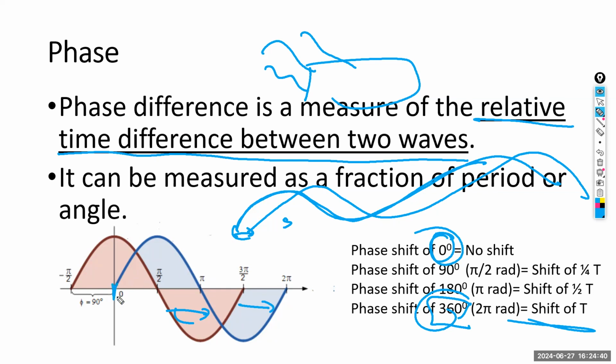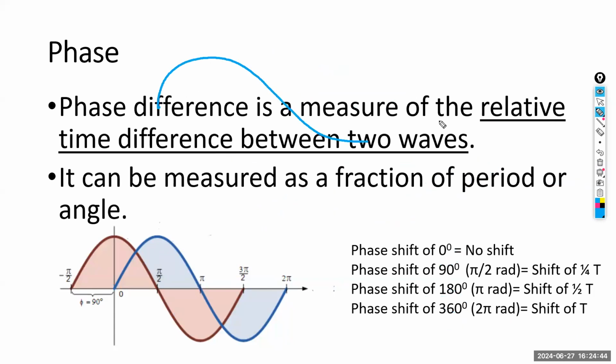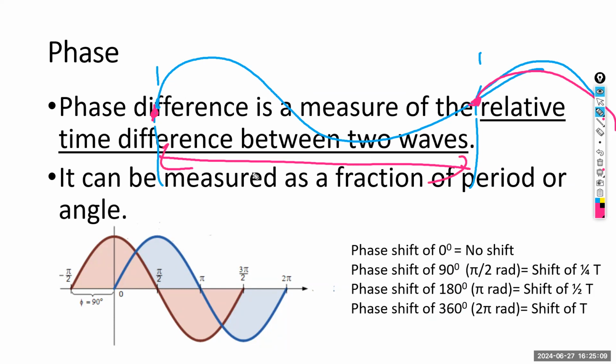Say this is my first wave and this is my second wave, and this is where my second wave starts. This wave has already completed one period before the second wave starts, so this point corresponds to this point of the other wave. So we say it is 360 degrees out of phase.